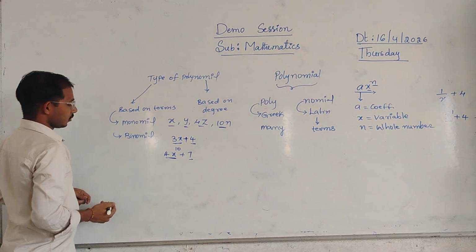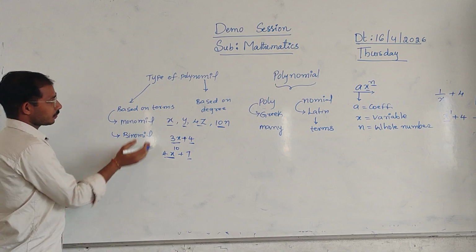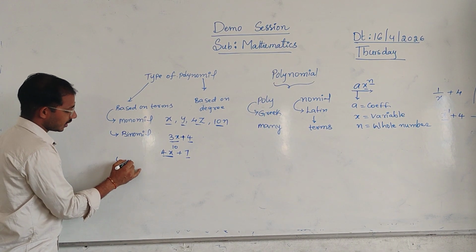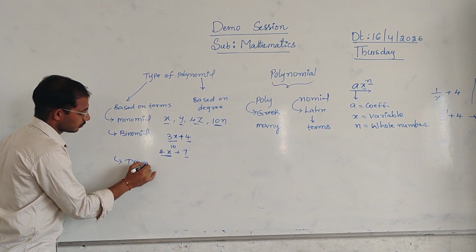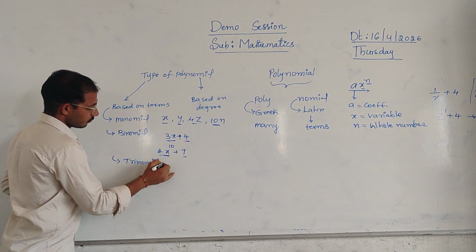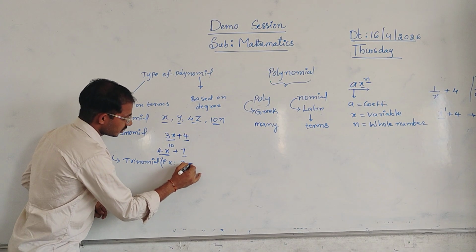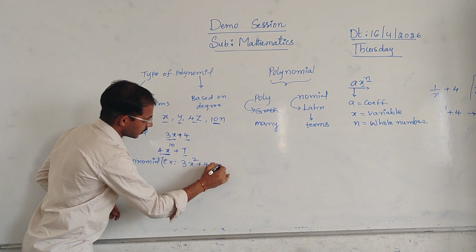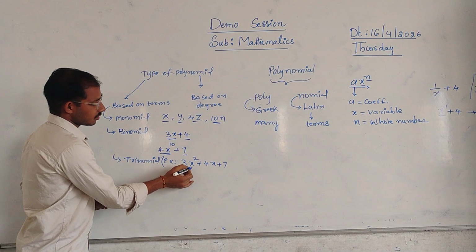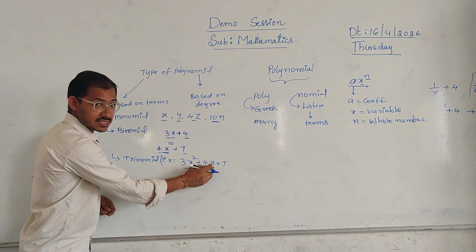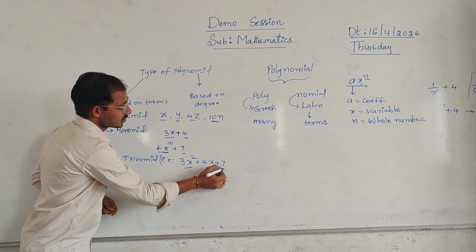For example, if an algebraic expression polynomial has three terms, we call it a trinomial. For example, 3x square plus 4x plus 7. Here 3x square is a single term, 4x is another term, and 7 is one more term.